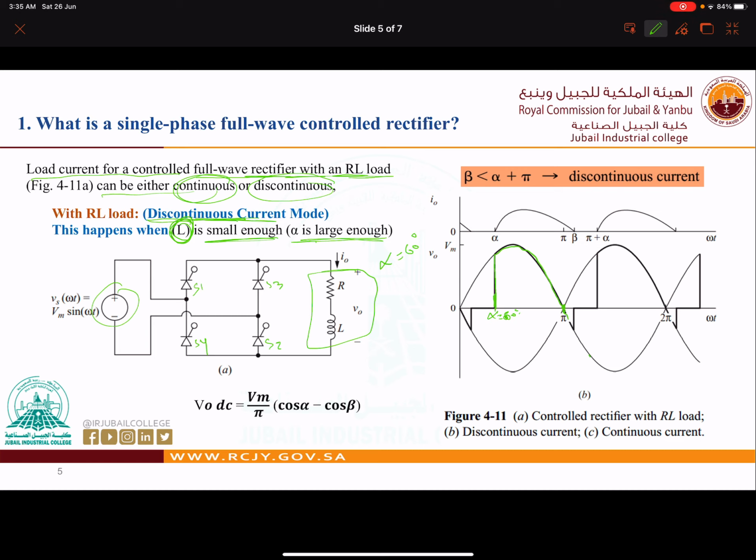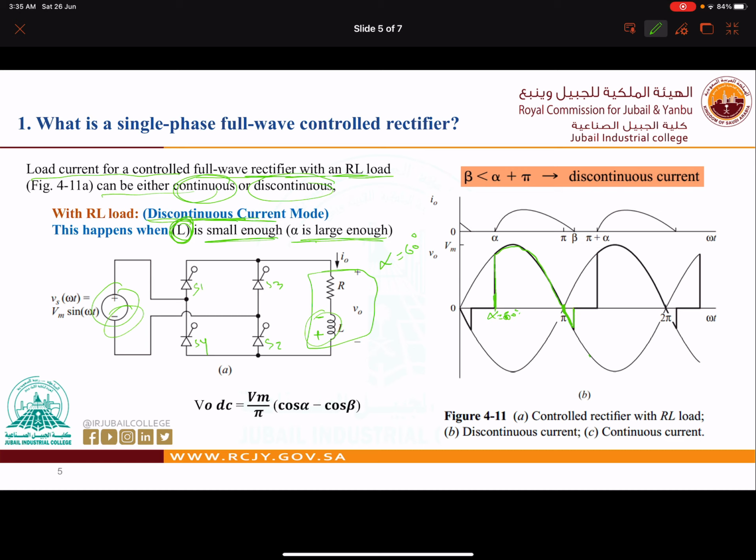Now this inductive load is small because it will discharge. It will continue to be like a power supply. When it is positive here, it will interchange the polarity. It will be like a power supply here, and it will retain the small voltage to the supply, right? And we will have small ripple here, right?